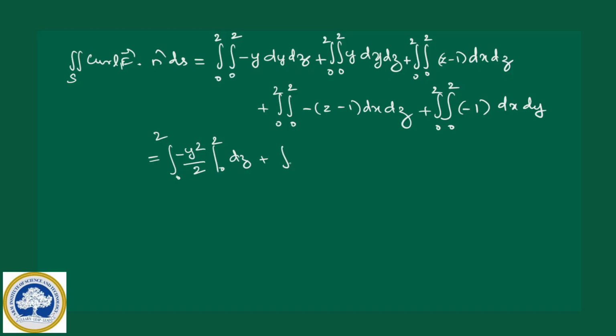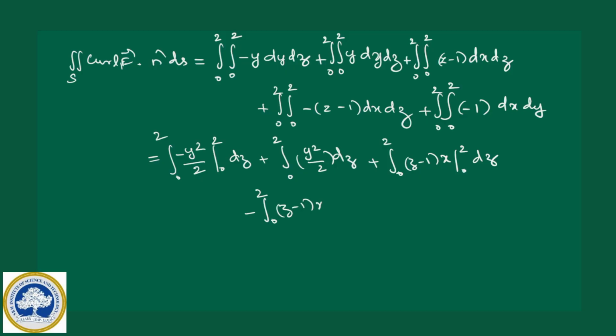Similarly, integral 0 to 2 of y square by 2 dz, plus integral 0 to 2 of z minus 1 into x, 0 to 2, dz, plus, or we can write, minus integral 0 to 2 of z minus 1 x dz.